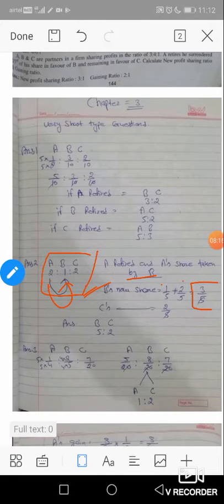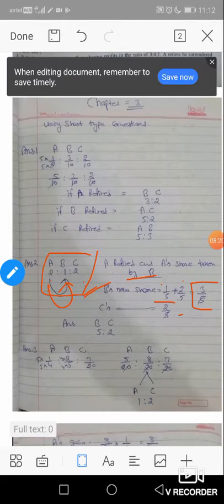Now C. C's old share is 2/5 and the new share is also 2/5. There is no change in C's share because C will get nothing from A. A's whole share is acquired only by B. So B's share is 1/5 plus 2/5 equals 3/5, and C's share is 2/5. The denominator 5 cancels, so the new ratio of B and C is 3:2.